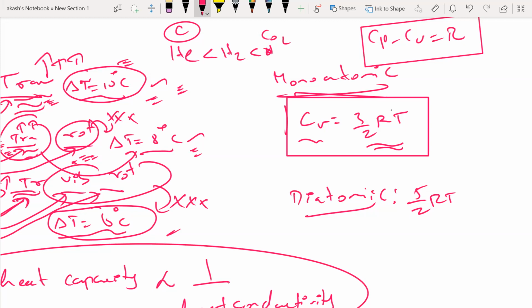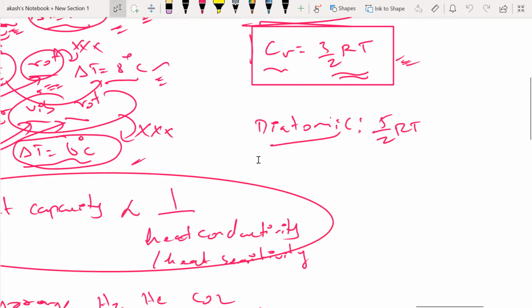Is it correct? 3/2 RT, this is okay. What about diatomic gases? Diatomic gases will have 5/2 RT only. Okay, fine. Let me check this. No issues. That is not a big deal.